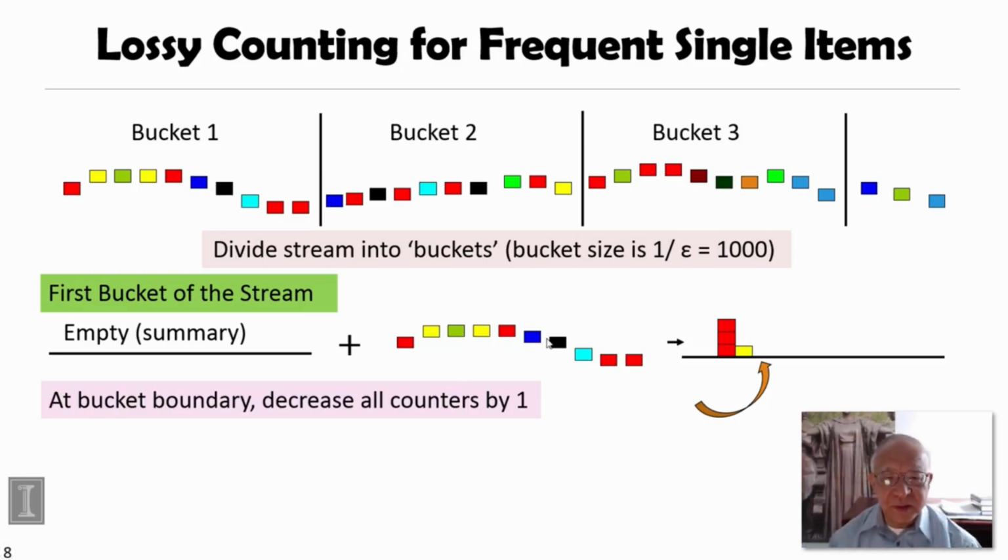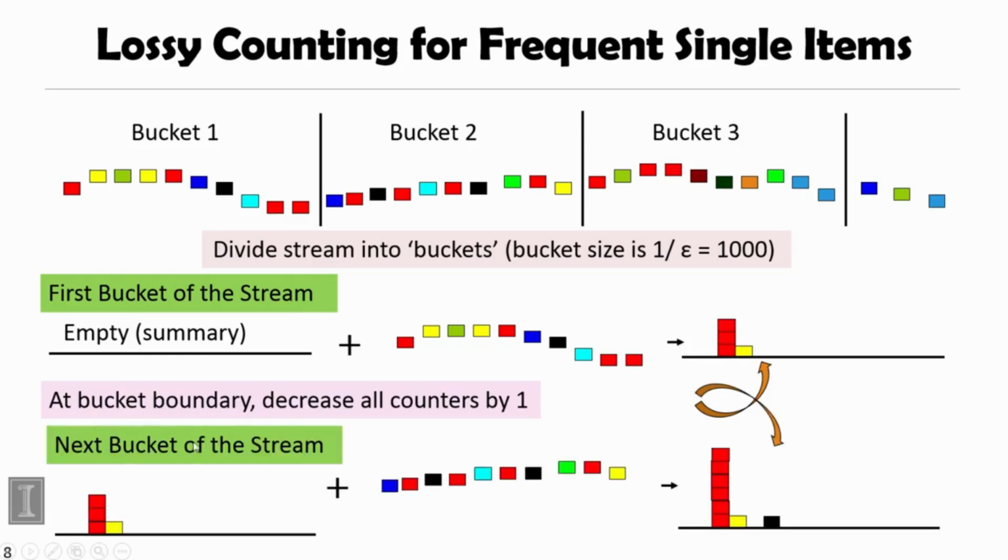At the end of this bucket boundary, we decrease all the counters by 1. Many items that only appear once, like the green one, the blue one, the black one, are all gone, because once you decrease the counter by 1, the counter is 0. Even for the red ones, you had 4, now the counter becomes 3. You had 2 yellow ones, and the counter is now only 1. So your counter actually gets less than the real count.